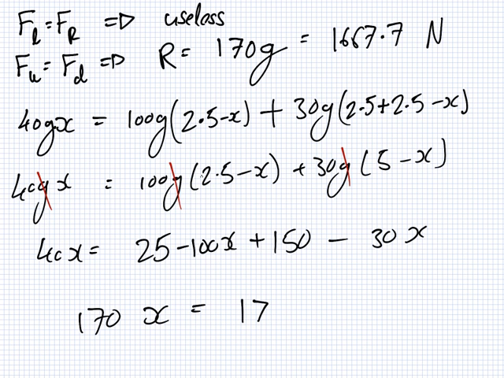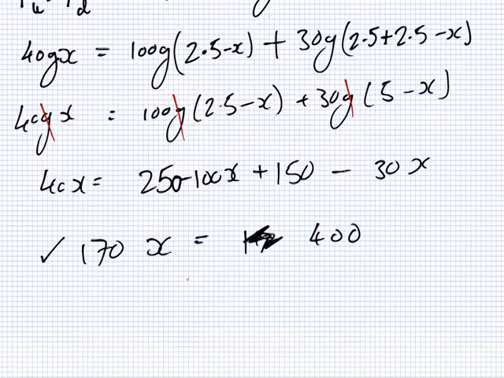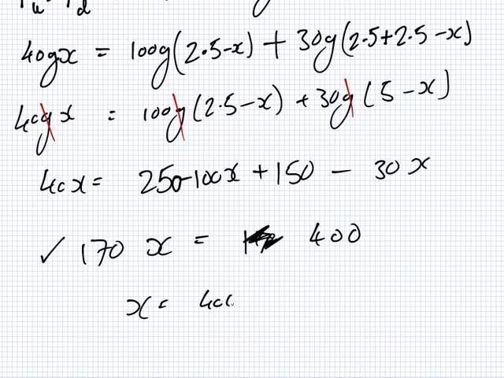Is it not 25? Oh, of course not, thank you. It's 250. Is everything else okay? Yeah. So that's right. 400? Yeah. So that means x is 400 over 170.